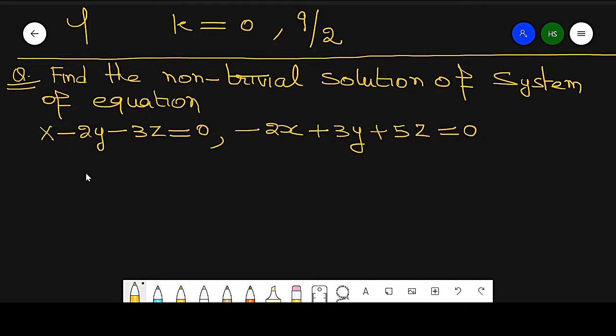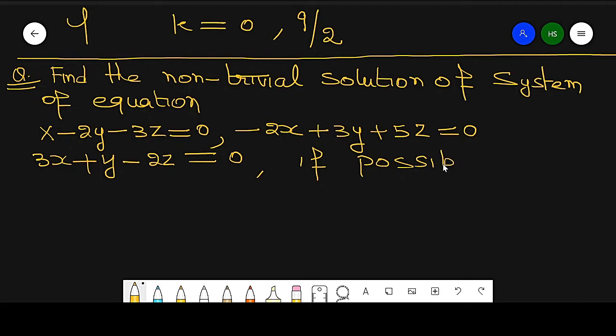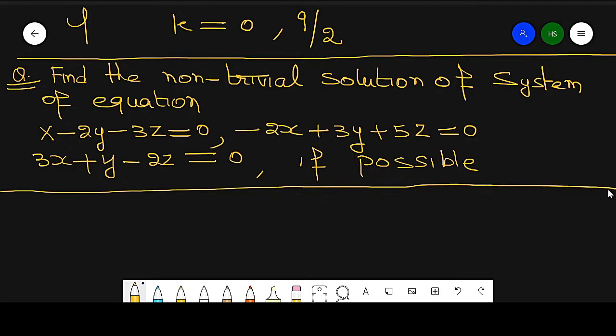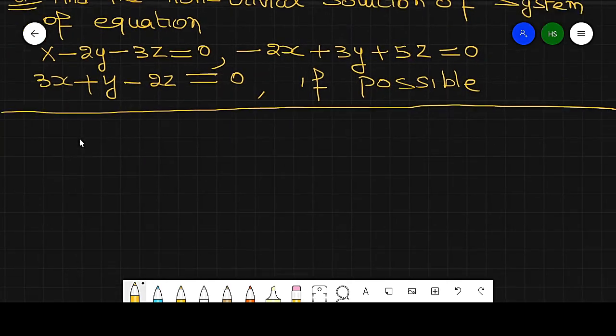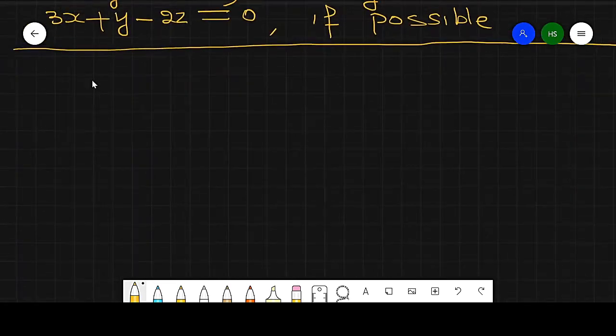And third is 3x plus y minus 2z equal to 0. So find the non-trivial solution of the system of equations if possible. So my aim is to find the non-trivial solution of this system.